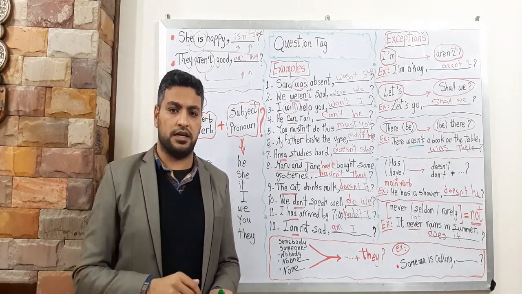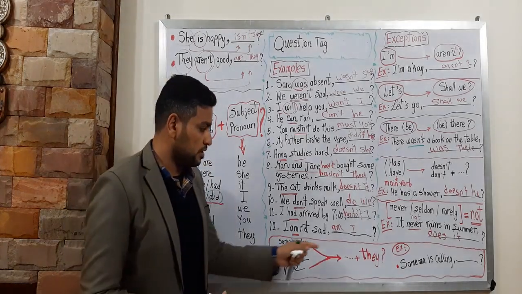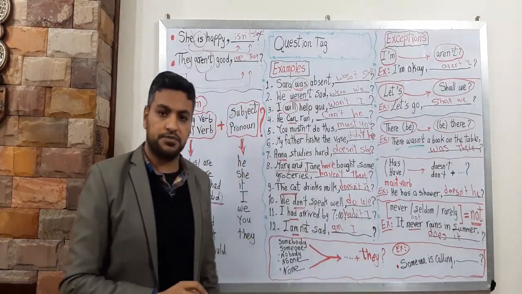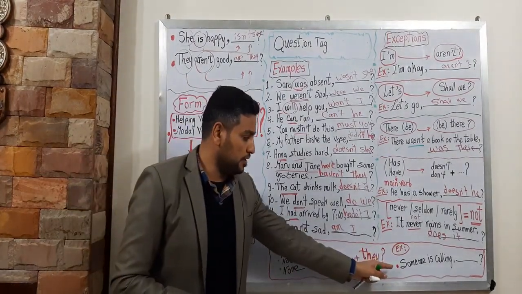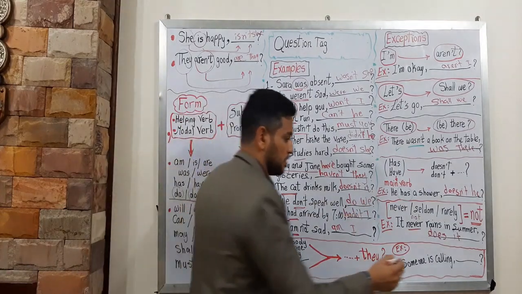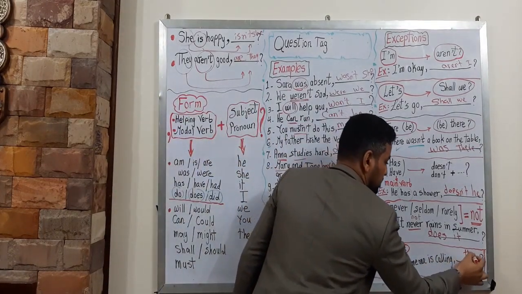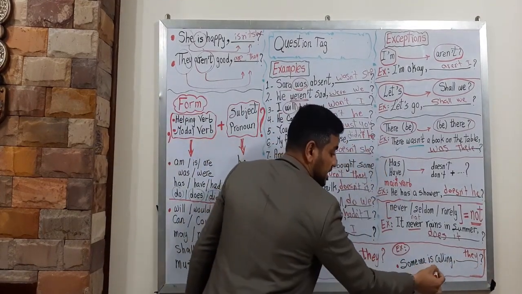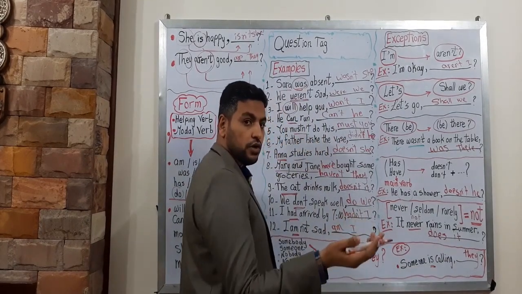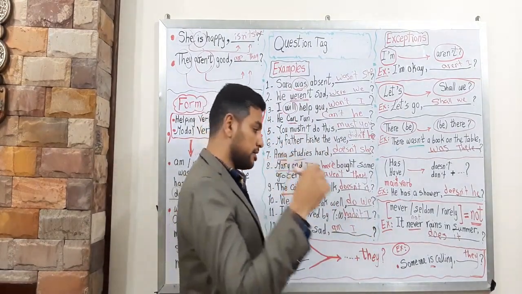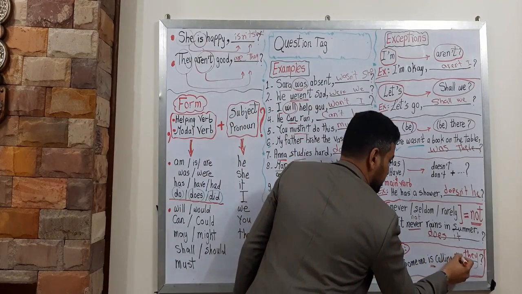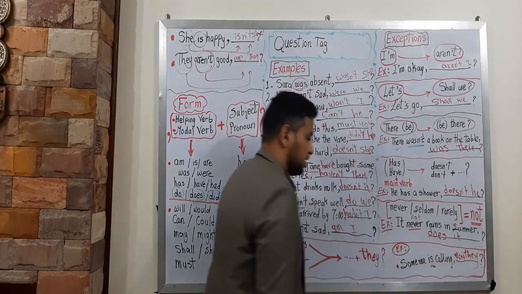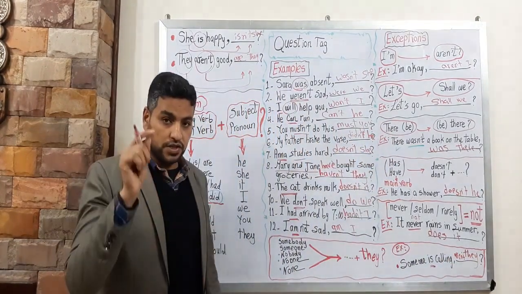So just say they. So someone is calling, it will be they. So is it right to say, isn't they? No, it's wrong. You can say, aren't they? Understand this?